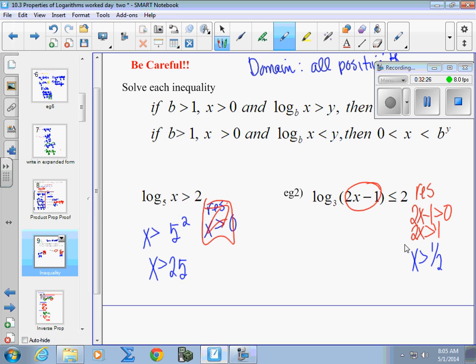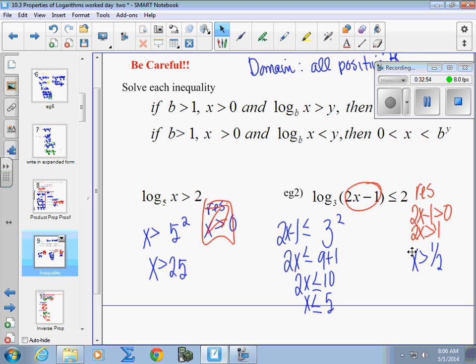All right, so what's the base? What's the exponent? So we have 2x minus 1 less than 9, 2x less than 10, x less than 5.